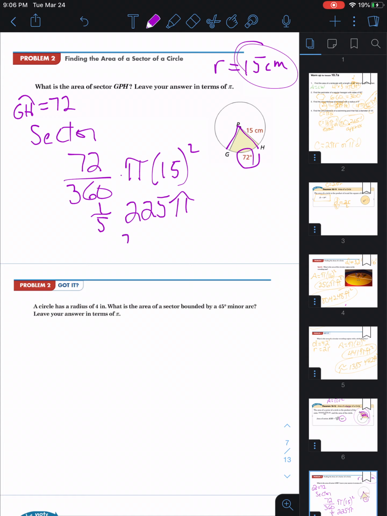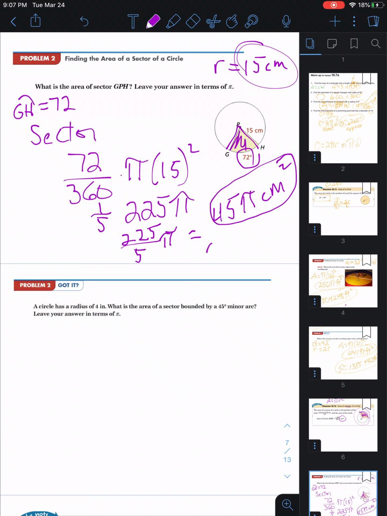Now if you take 225 over 5 times pi, you're going to get 45 pi. That's an exact answer: 45 pi centimeters squared would be the area of that shaded region called the sector.